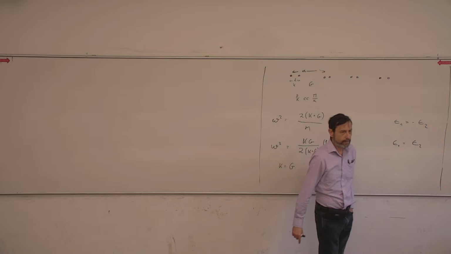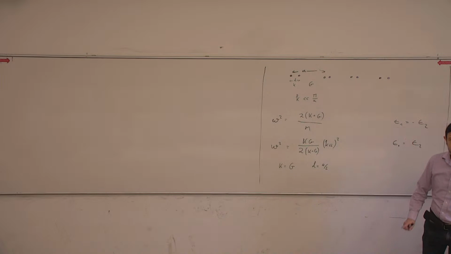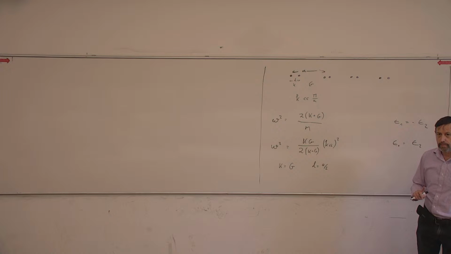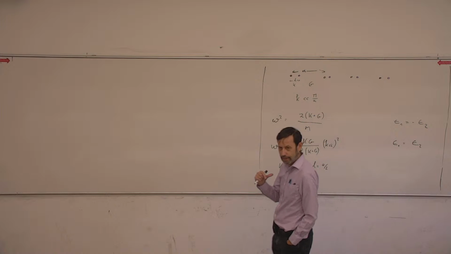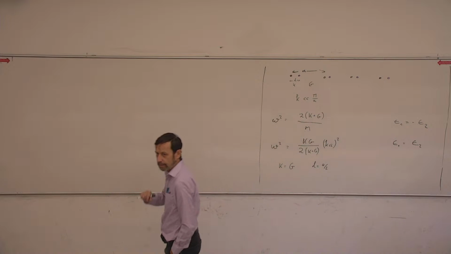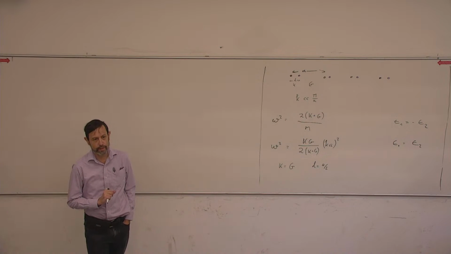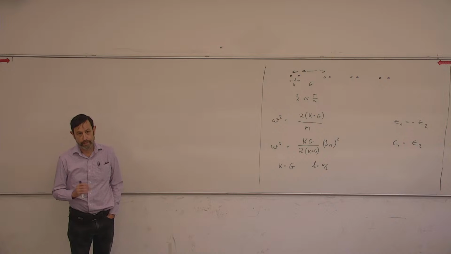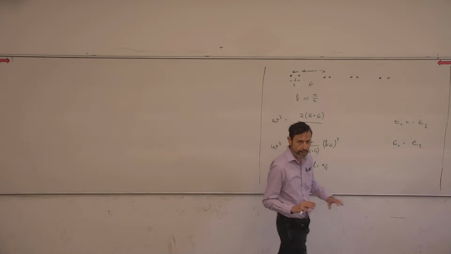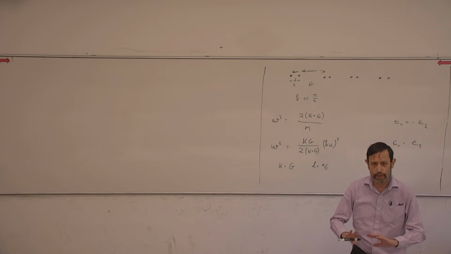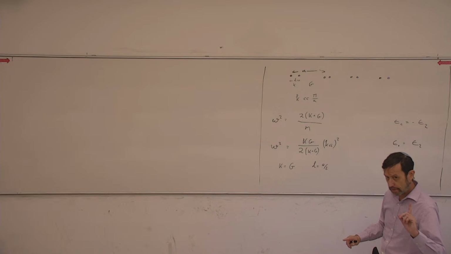Actually, when I did this definition, I missed something. What did I miss? What was the size of the unit cell in the simple one-dimensional case with one atom per unit cell? a. What is the distance here after I claim that k is equal to g, d is a divided by 2?